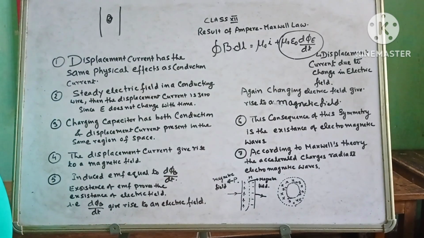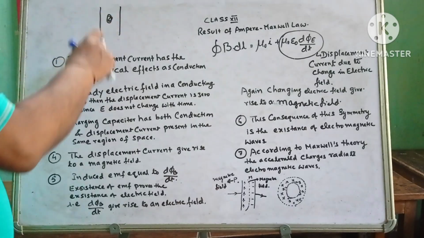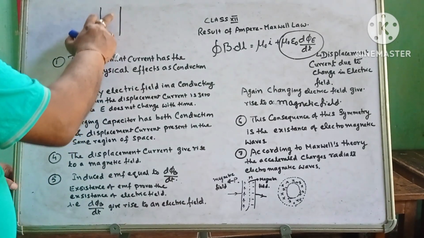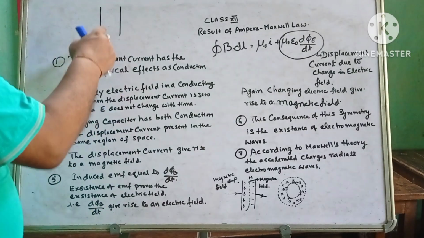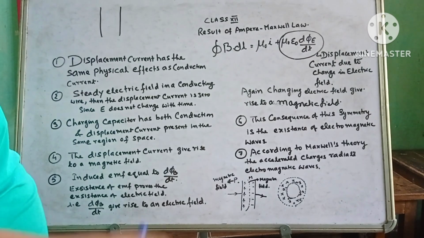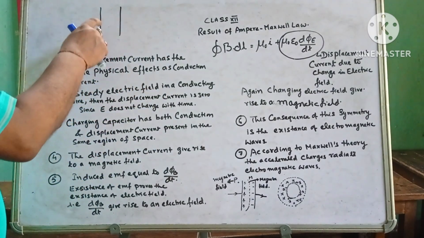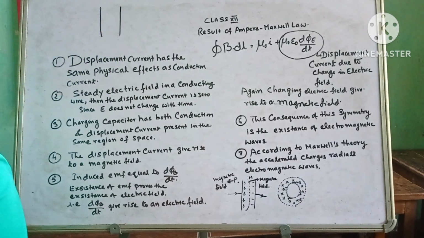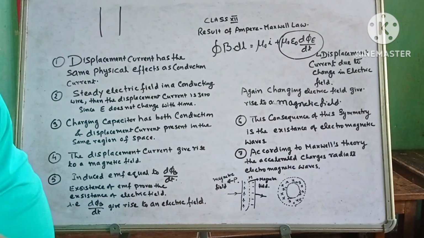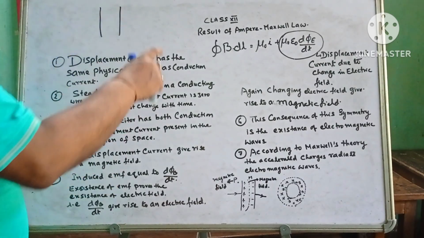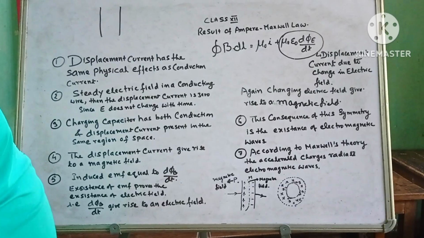So now it is clear to you that when a circuit is connected with a capacitor, there is a confusion among the students: when there is no conductor, how will current flow through it? But Maxwell has proved that in the region between these plates, there are two types of current: one is the conduction current and the other is the displacement current. Because of this, the current flows through the capacitor and the circuit gets completed.